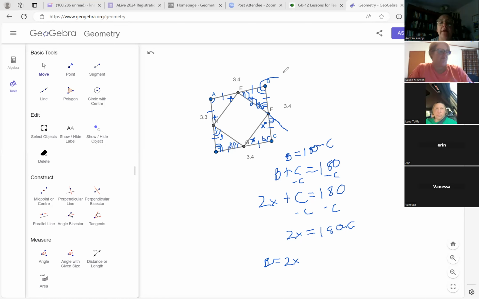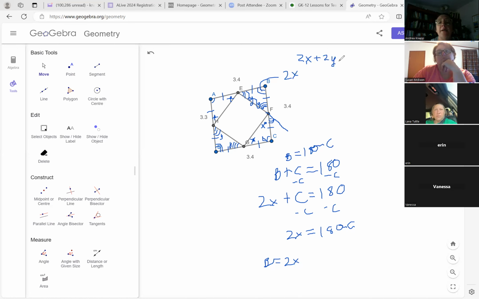So this one right here. And that's also telling me, now if I look at this triangle, if I add all three angles in that triangle, I would have y plus 2x, which would be 180, because 180 is the sum of the angles in any triangle.